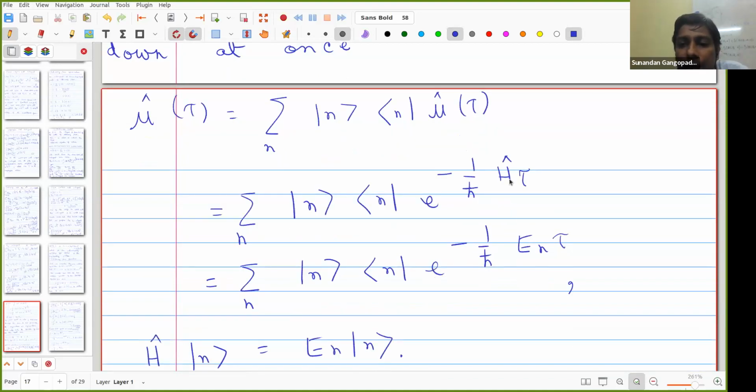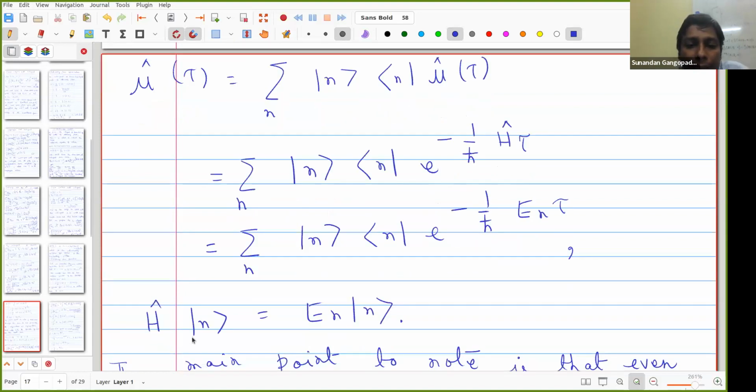Now these |n> are eigenstates of this Hamiltonian operator, and we all know that the Hamiltonian operator is Hermitian. Therefore H hat |n> is equal to E_n |n>. So this H hat, which lies in the exponent, when it operates on this ket, it will give you E_n.